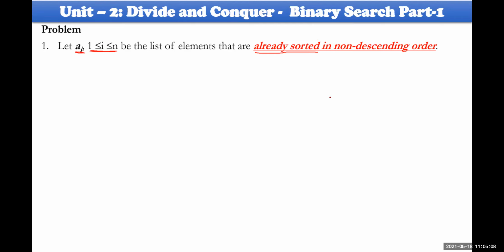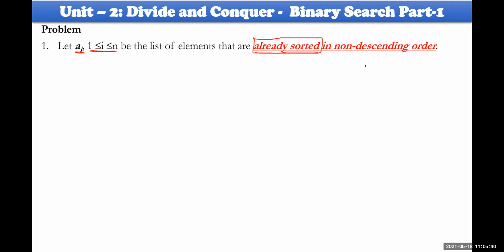In real-time applications, in the sense of actual implementation in the IT industry, a sort followed by a binary search operation will be done. But from the learning point of view, we consider that the data we are given is already in sorted order.